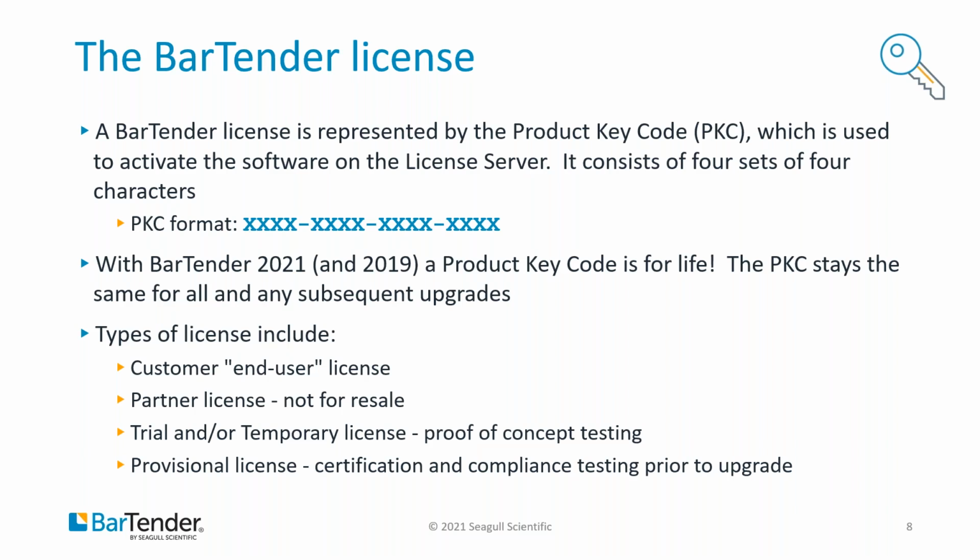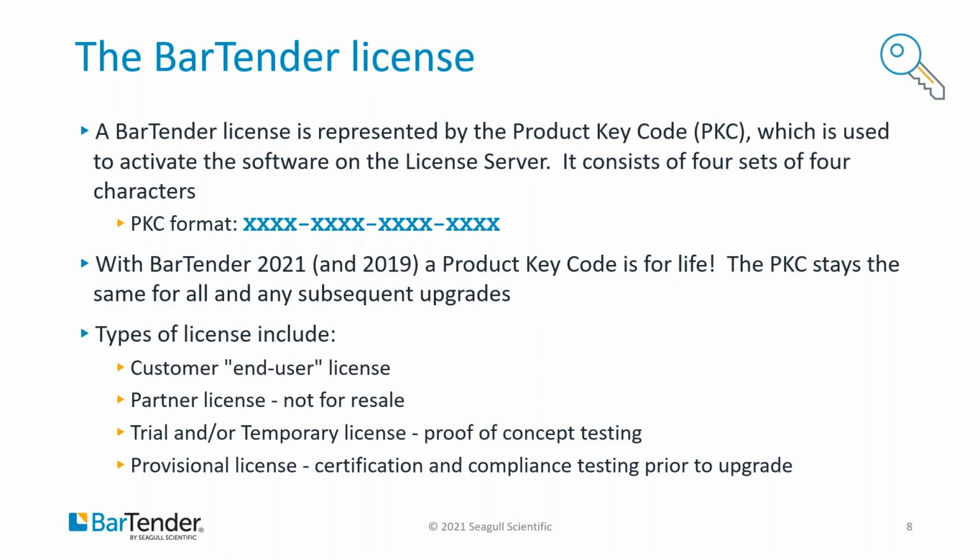The customer would result in having many product key codes, and they were then unsure as to which was the current product key code. With new BarTender since 2019, when they purchased their first license of BarTender, that product key code doesn't change even after upgrades. So there's only one product key code for them to manage, which is great.